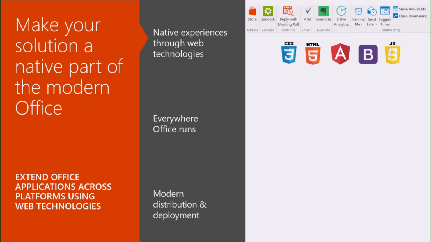And not only that, you can also take advantage of anything that you use to develop on the web, from tool sets, from community-driven projects and libraries, from other frameworks that are provided and supported in the web. So there's a lot of richness that you get as a developer. And best of all, you also get to leverage your existing web skills. If you know how to build a web app, you are pretty much 80, 90% there in terms of knowing how to build a web add-in.